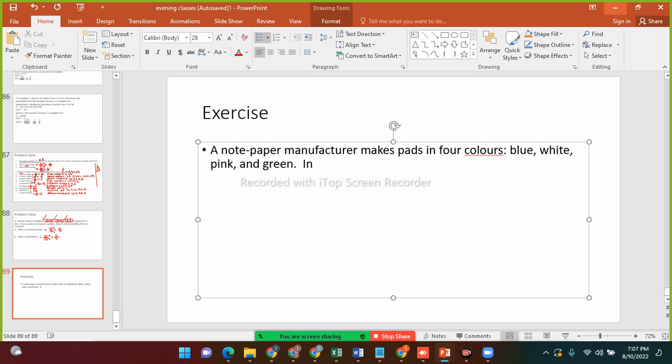Alright, in a pack of 36, there are always 12 blue pads, 10 white pads, 8 pink pads, and 6 green pads.